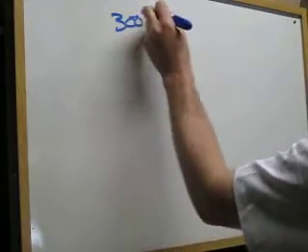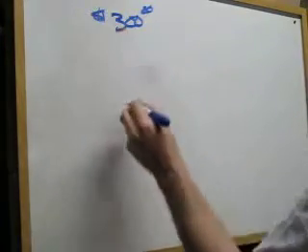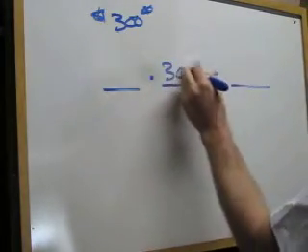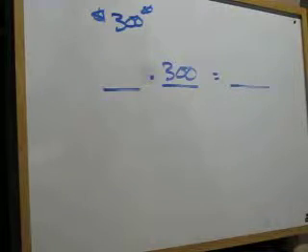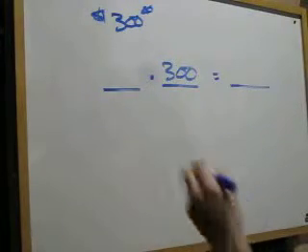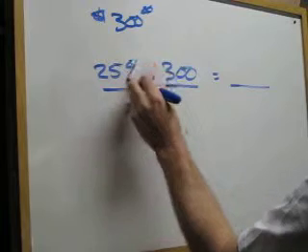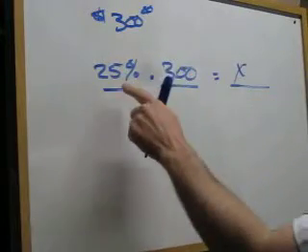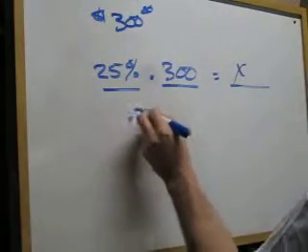Example 4, during a clearance sale, a suit sells for $300. So our $300 is the total price of this suit. It's marked 25% off. What is the discount? What is the sale price? Well, our discount is how much off we're getting. That's not how much the suit is. We're getting 25% off. So change that to a decimal.